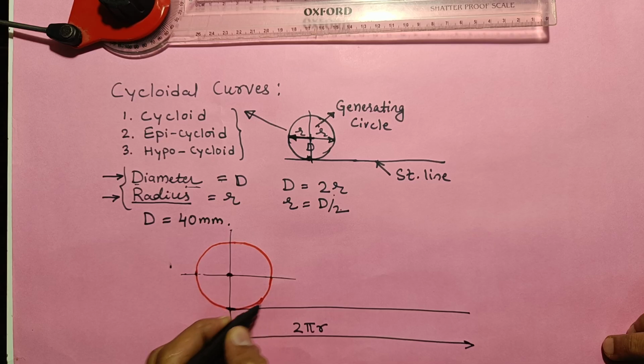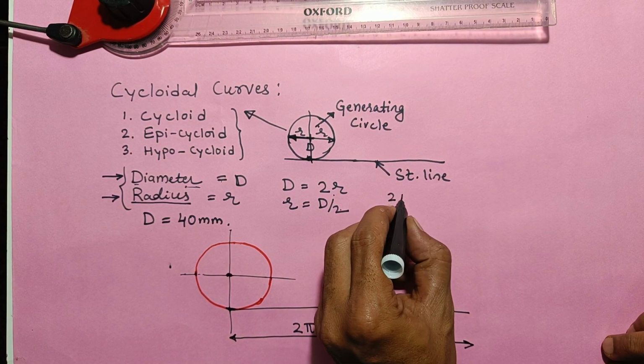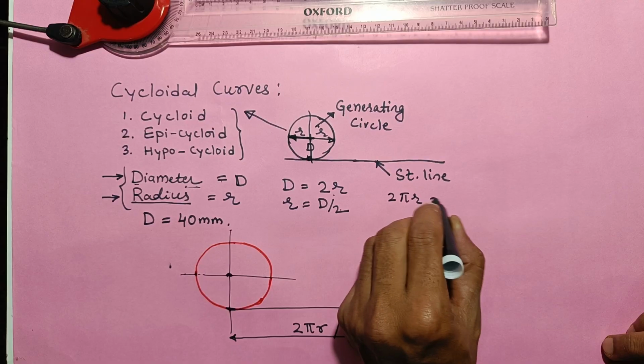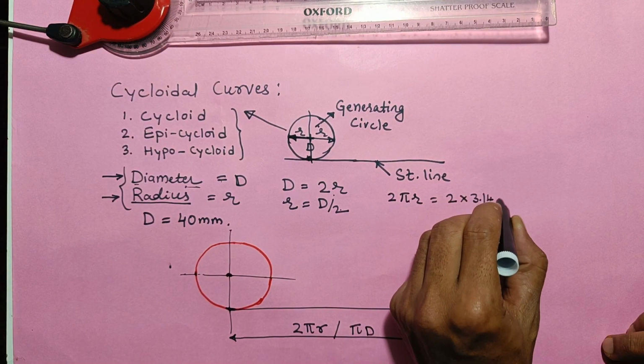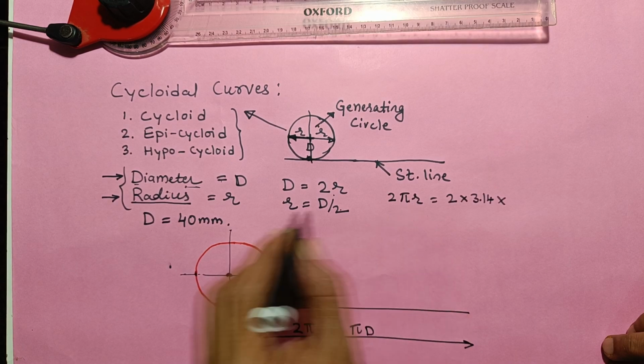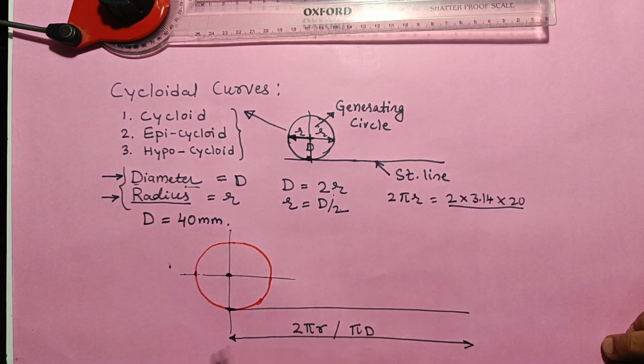You can say 2 pi r, or pi d also. Any formula you can use. Now if you substitute 2 pi r, it means 2 into 3.14 into r, and r is 20. So whatever value you are getting, that should be the total length of this.